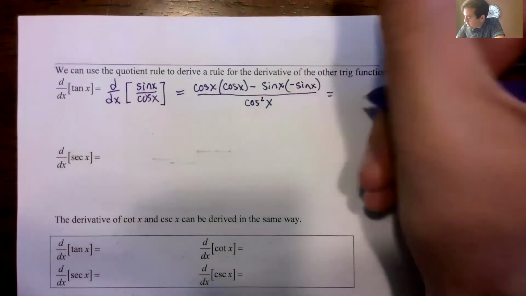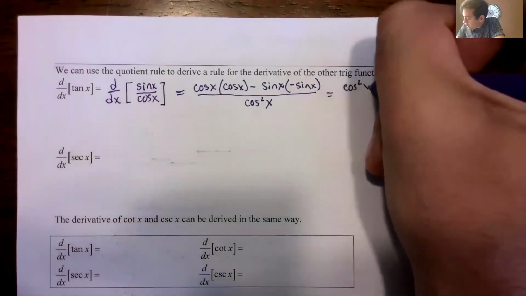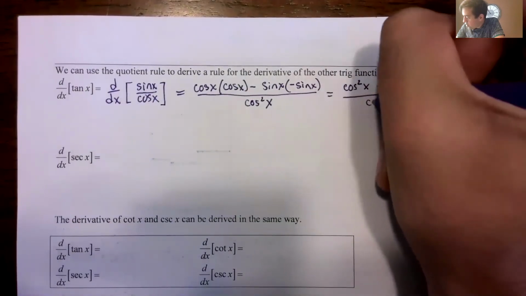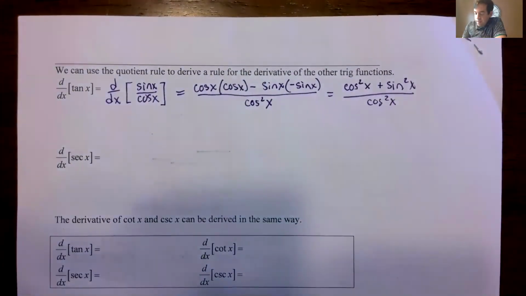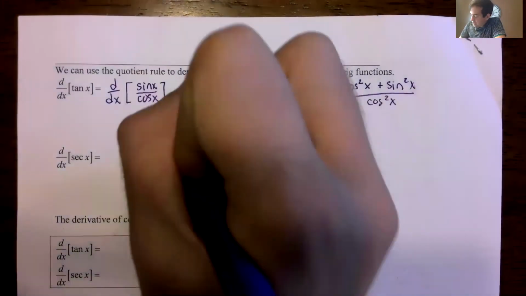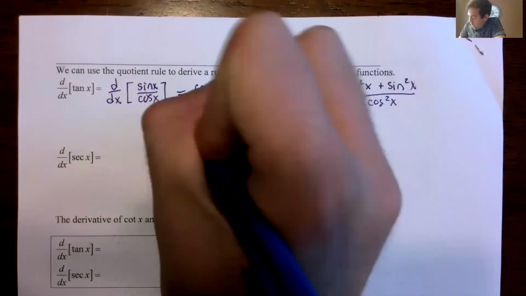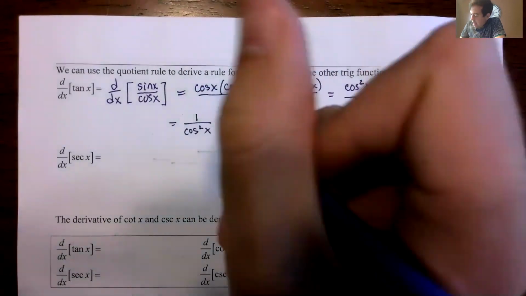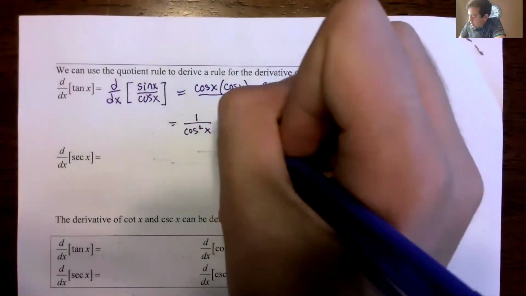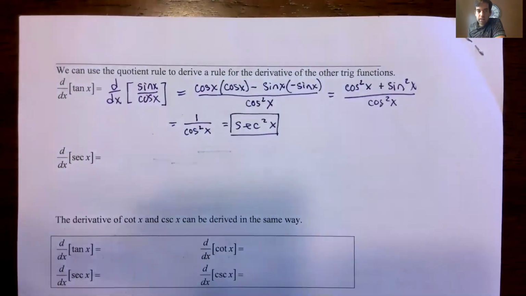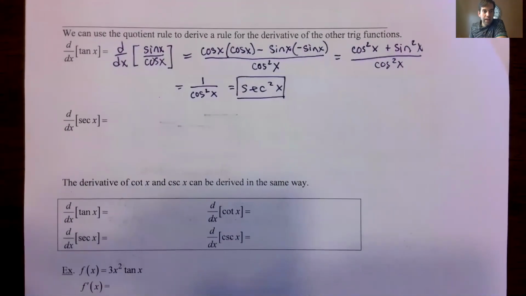And to simplify this, we end up with cosine squared x plus sine squared x all over cosine squared x. And if you remember back in pre-calc, sine squared x plus cosine squared x is 1. So this really just equals 1 over cosine squared x. And 1 over cosine is secant. So this is secant squared x.